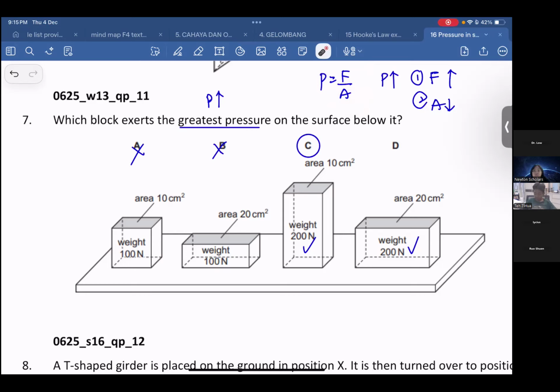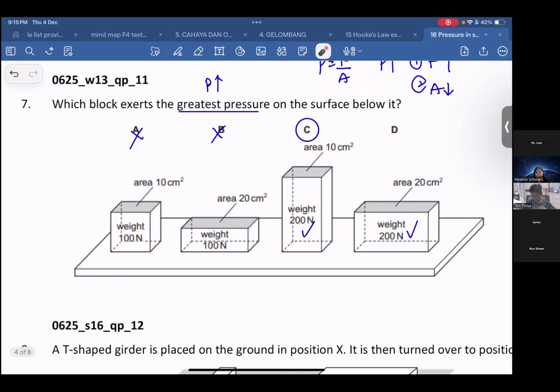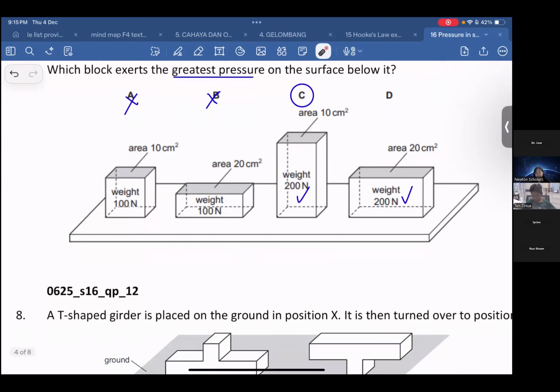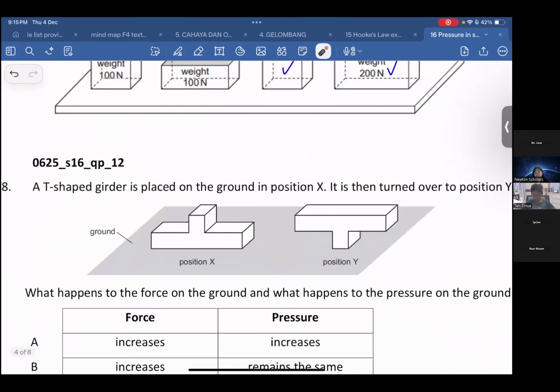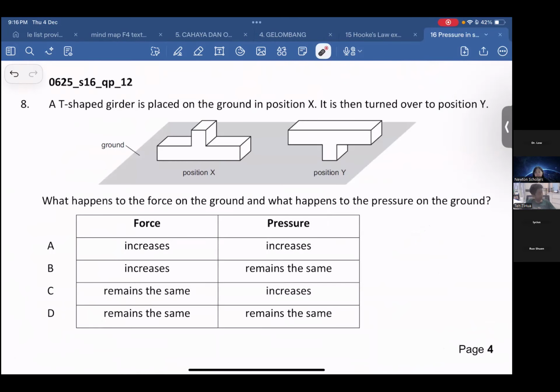Is that clear? Are you able to relate pressure to our life? Yes or no, dear? My example about the lorry, do you get the idea about pressure?